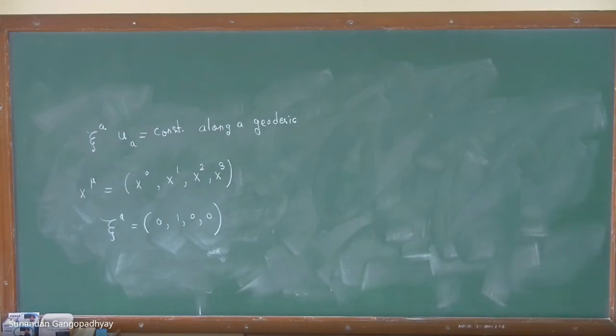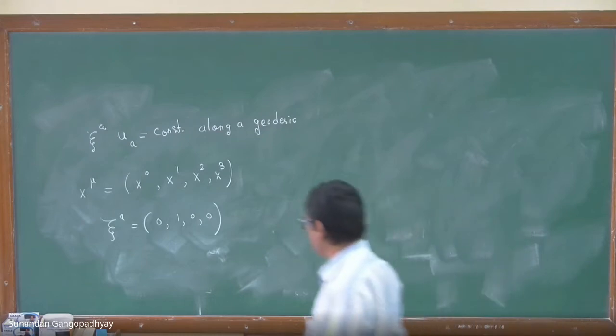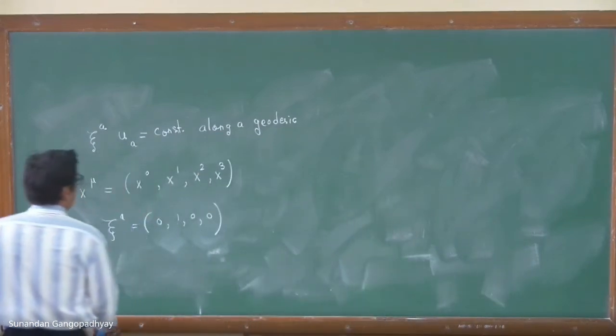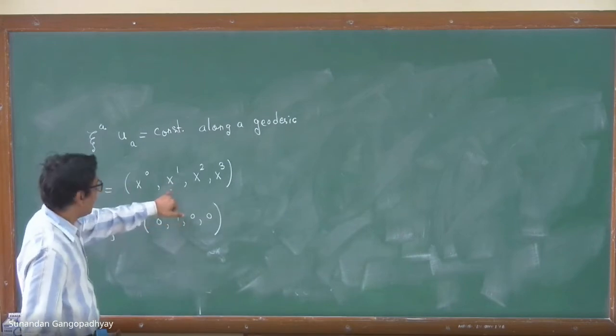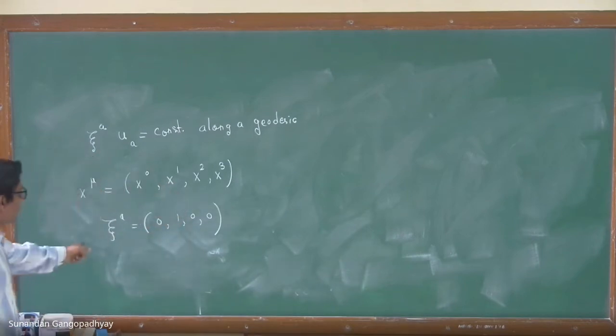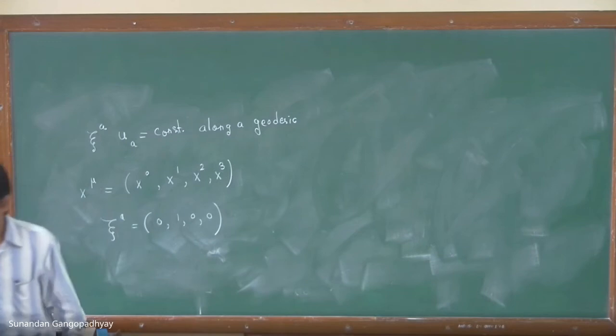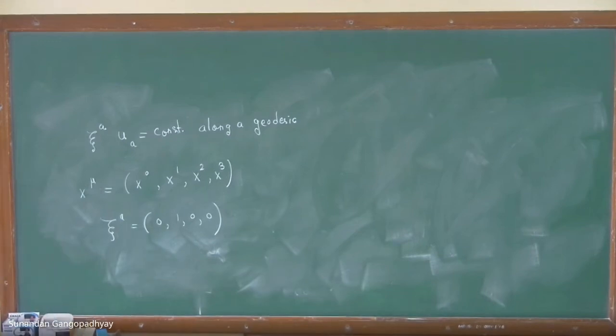What was the killing vector there? 1, 0, 0, 0. Right? Here I am assuming that the metric does not change along an arbitrary direction, and let the direction be x1. So this is my killing vector. A killing vector is a way of characterizing symmetry in any coordinate system. It basically tells you about the symmetries of the problem.